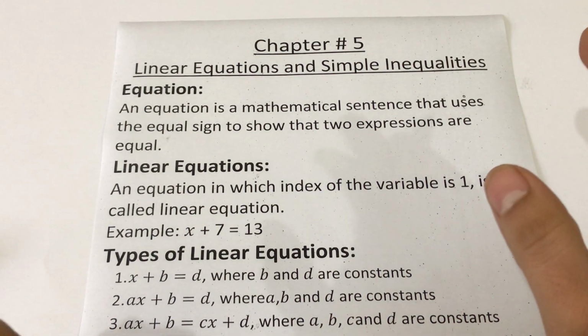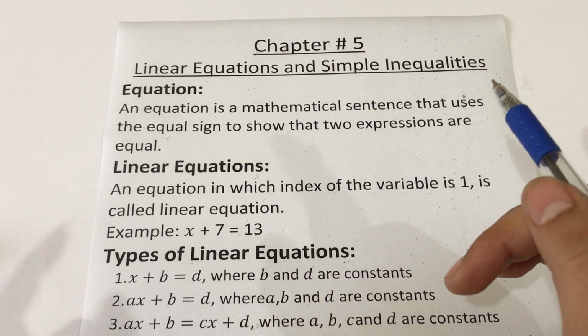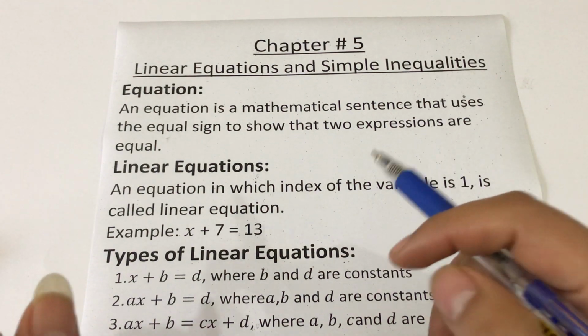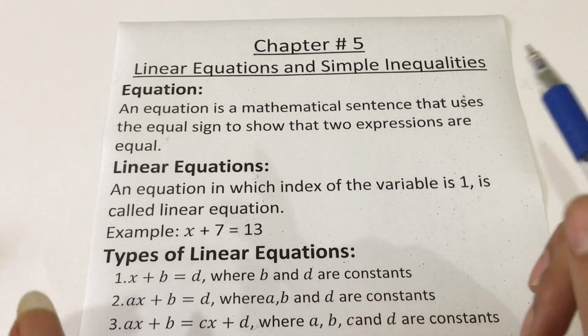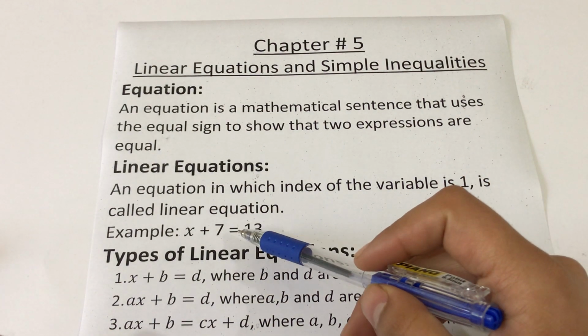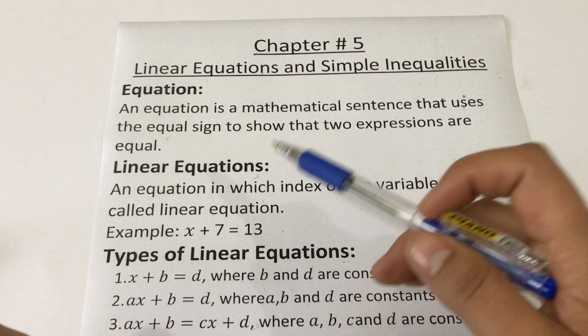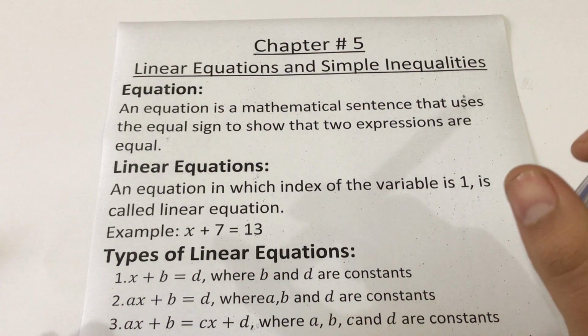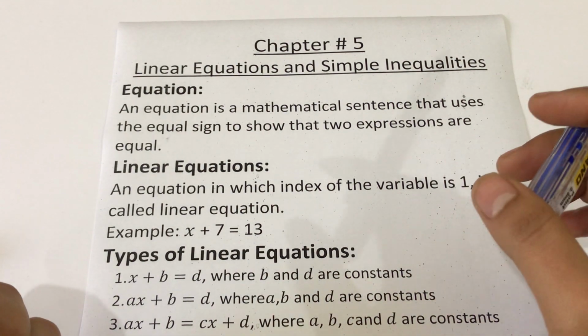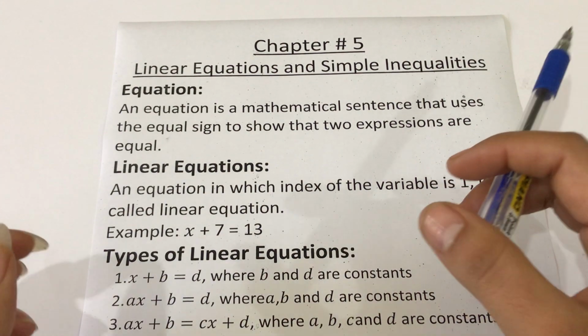Right? So what's the difference between an equation and an algebraic expression? In an expression, we have no equal sign. But in an equation, we will always have an equal sign, whether it is an algebraic equation or any other equation. Right? Equation basically means equality.